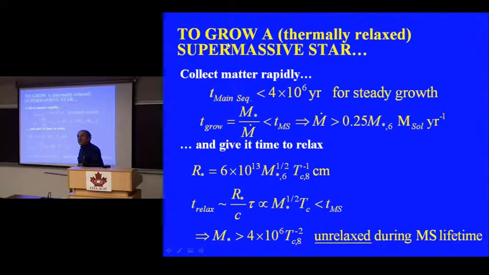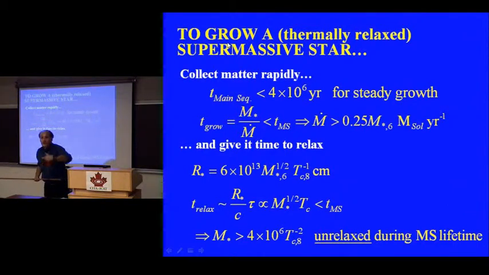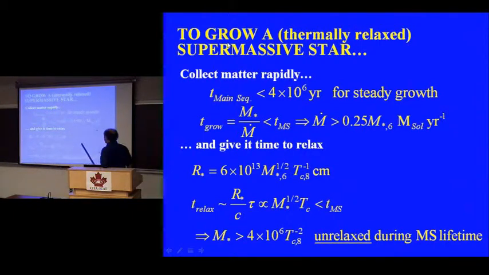But there's a second problem, which is that when we think of stars condensing, we usually don't worry too much about the Kelvin-Helmholtz time scale, which is the time for the star to thermally relax and come into a steady state. That becomes a problem when you try to create a supermassive star as well, because the optical depths are rather large, and the radii are quite large.